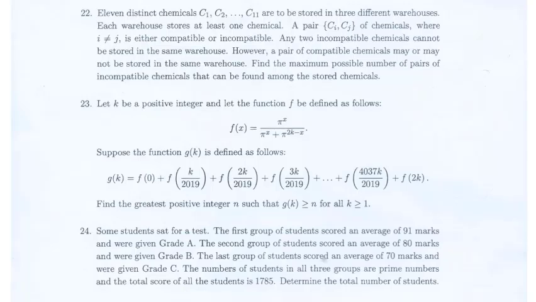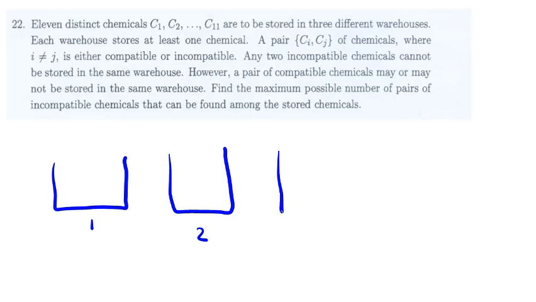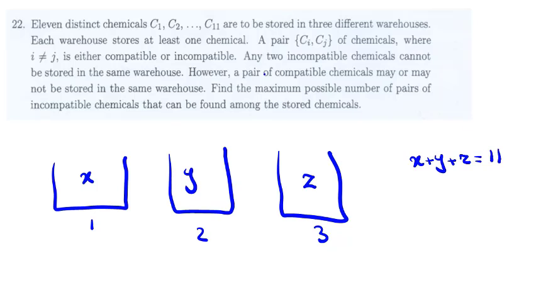Next is SMO 2019 Senior Section first round problem number 22. 11 distinct chemicals C1 to C11 are to be stored in 3 different warehouses. Consider the first warehouse, second warehouse, and third warehouse, with X chemicals here, Y here, Z here, and X plus Y plus Z equals 11.